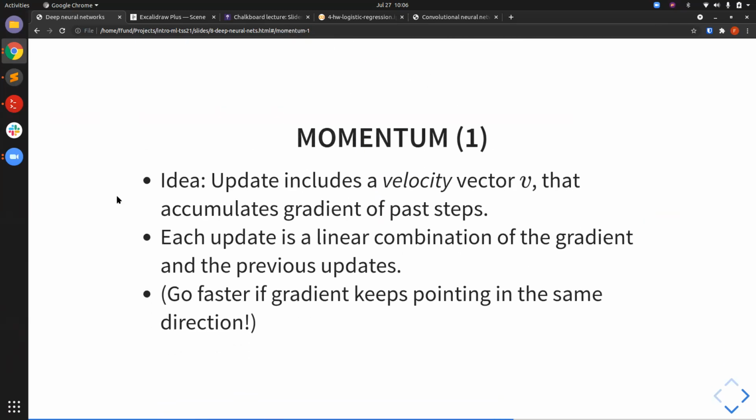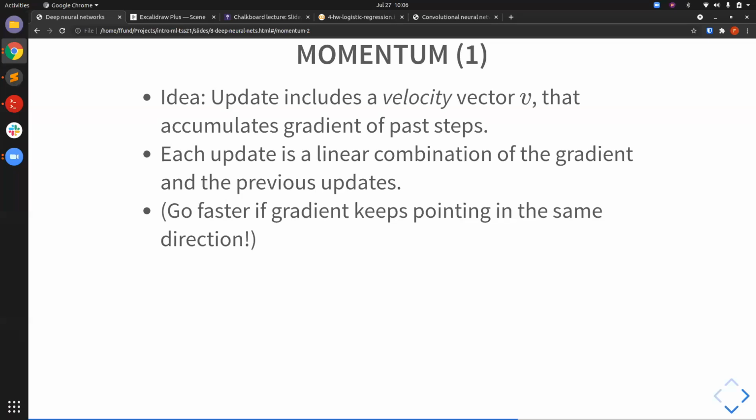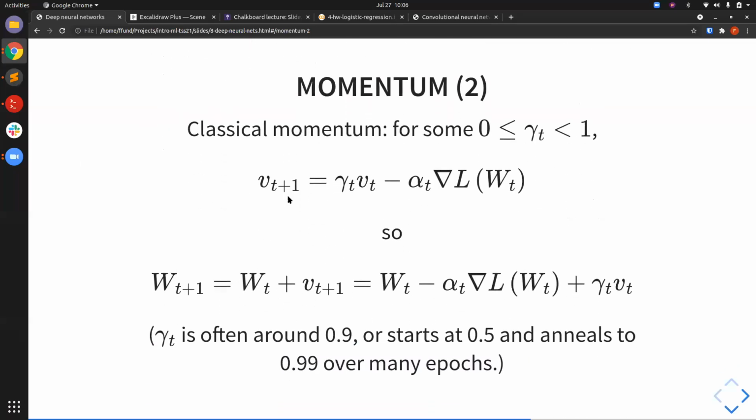Okay. What do these do? In momentum-based optimizers, every update is a linear combination of the gradient and the previous gradients. So it's like a weighted moving average of the gradient. What this means is that if the gradient keeps pointing in the same direction, you accumulate momentum in that direction.